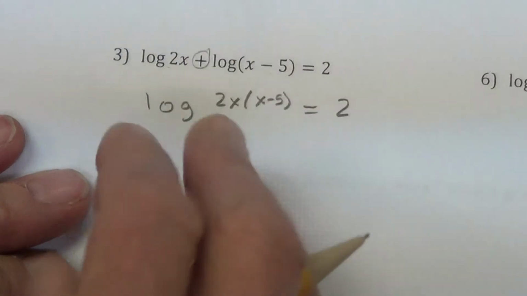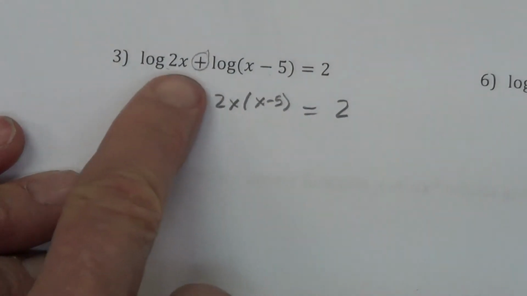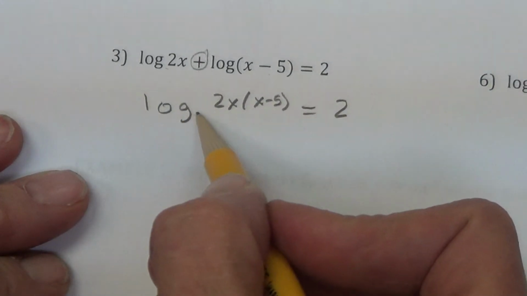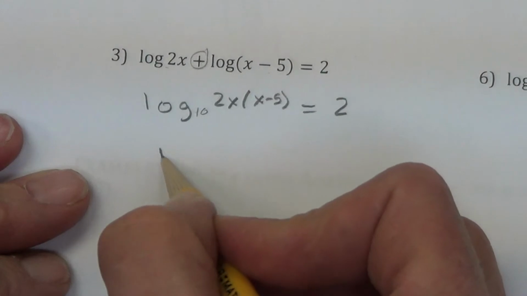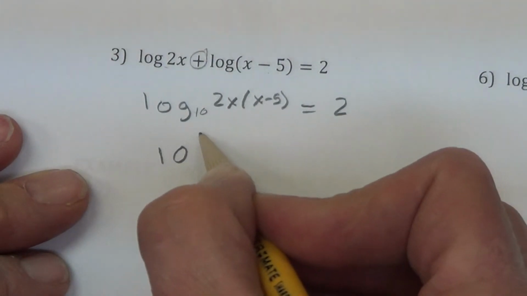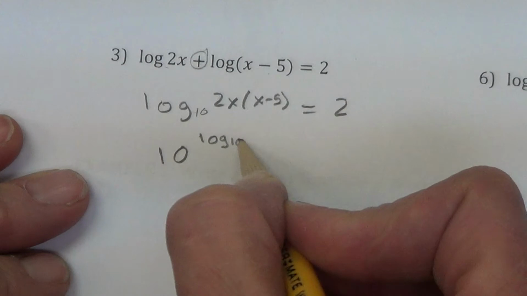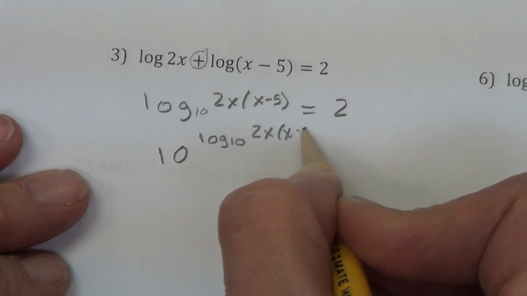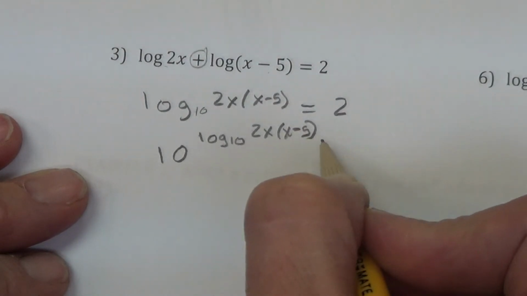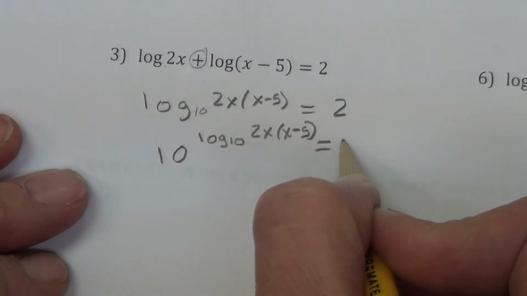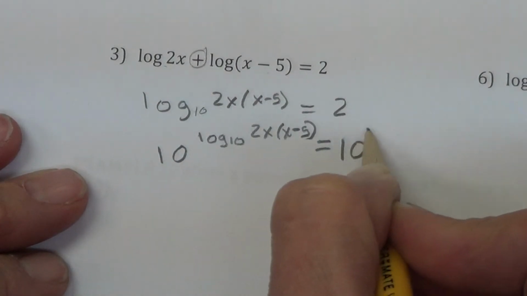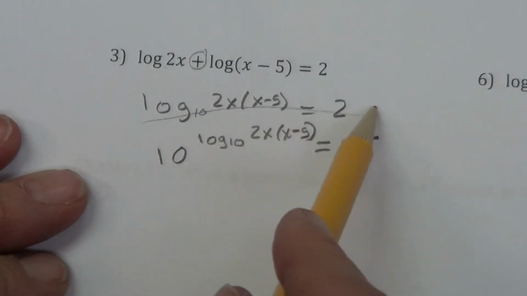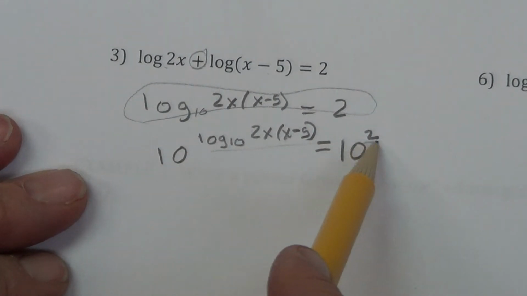We haven't done anything to change the equation, we've just condensed that back. So the next thing is now to say, well, this is log base 10, so if we raise it by a power of 10, then we'd have log 10 as the exponent, 2x, x minus 5, equals 10 raised to the 2.